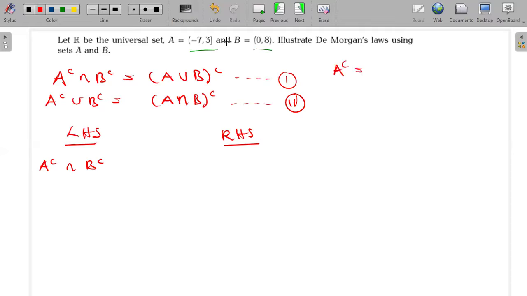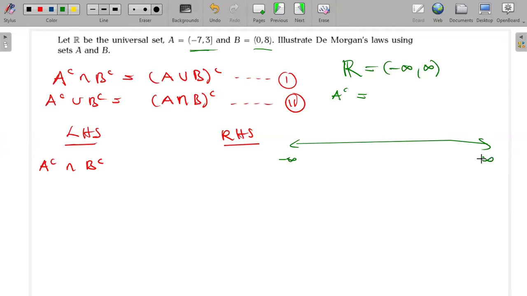Let me just erase it here, then I write it a bit down. We know that our universal set here is R, so that's negative infinity to infinity. For A complement, on a number line, plot your A first.